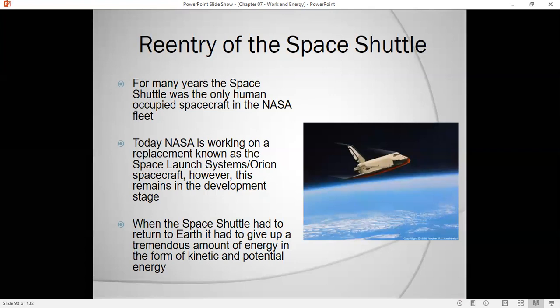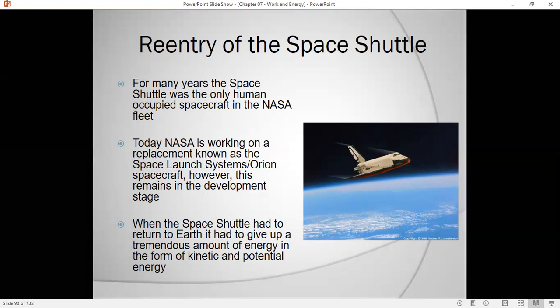All right, let's look at the reentry of the space shuttle. Now, for many years, the space shuttle was really the only human transportation that NASA had. Today, we have replacements for it. We have the Crew Dragon, we have the Orion spacecraft, and we have the Boeing Starliner, plus a few others that are in the works.